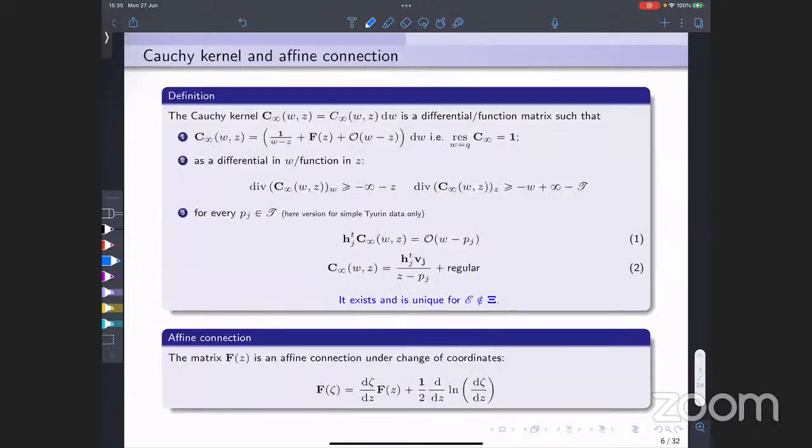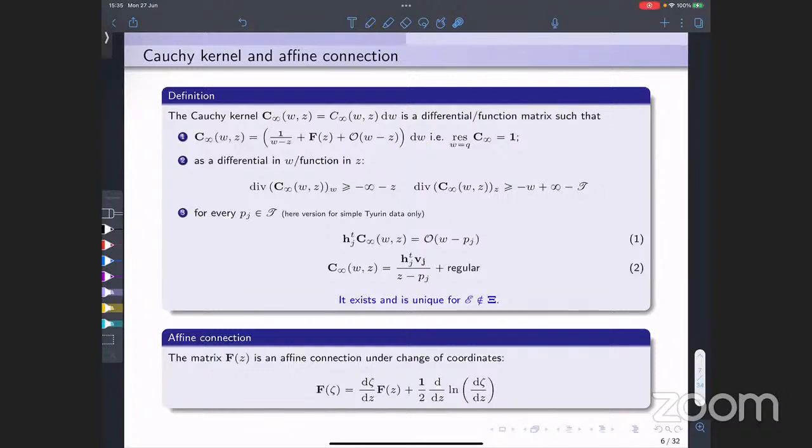Let's get further. Now, this Cauchy kernel, the Cauchy kernel that is used exactly in the solution of the small norm theorem and Riemann-Hilbert problem, is this. So it's a matrix, first of all. It's non-abelian, so it's non-scalar. It's a differential with respect to, let's say, w. This is a point on the Riemann surface. It's a meromorphic function with respect to the other variable. And so the dw here, just to remember, is in some local coordinate.